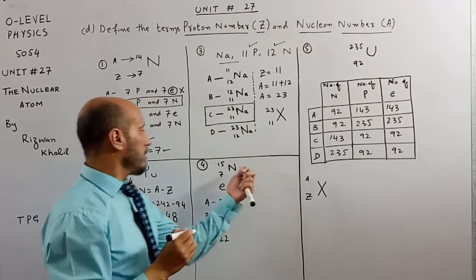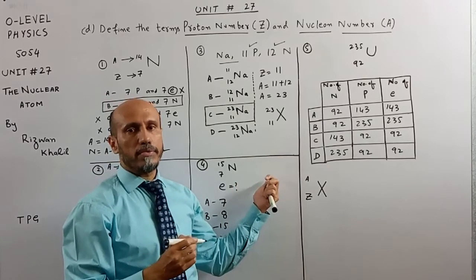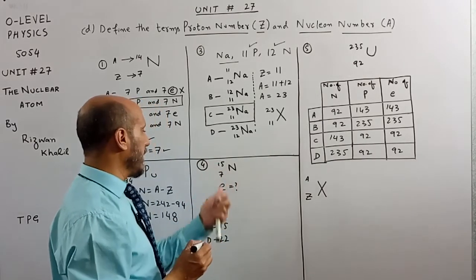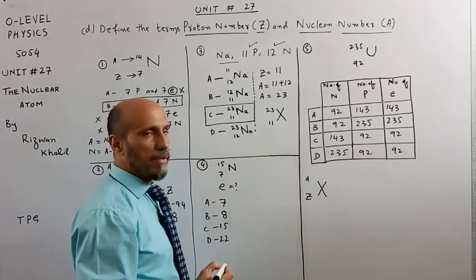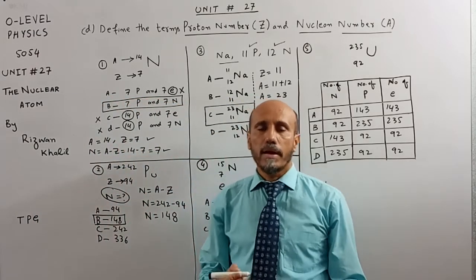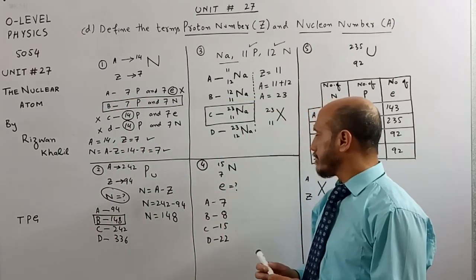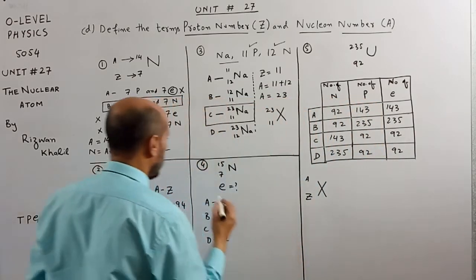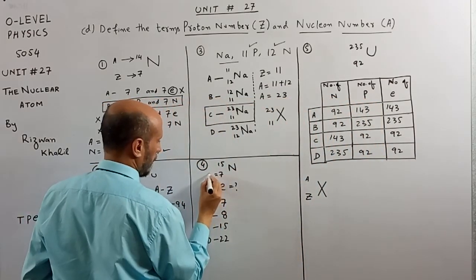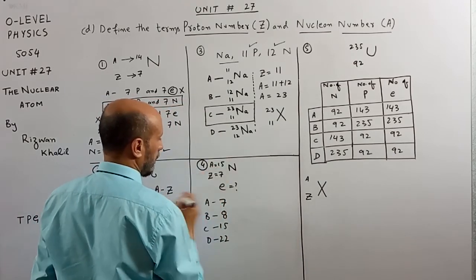Another example of this topic: an element of nitrogen, 7 15 N, is given, and it is being asked how many electrons there are. It's very easy. The value of Z is 7, the value of A was 15.